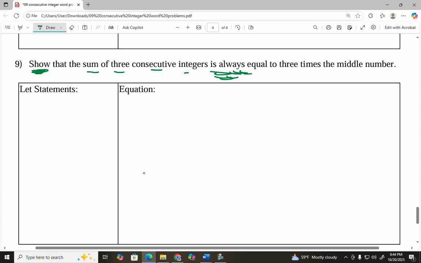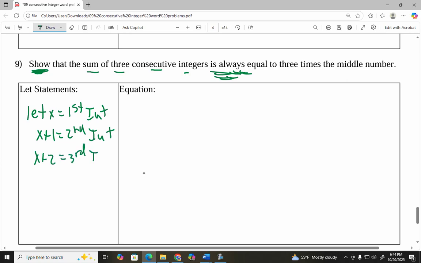So we're talking about 3 consecutive integers. So let x equal the first integer. X plus 1 is the second integer, and x plus 2 is the third integer. We need to show that the sum of the 3 consecutive integers, so let's do that. The sum of the 3 consecutive integers means I just add them all together.